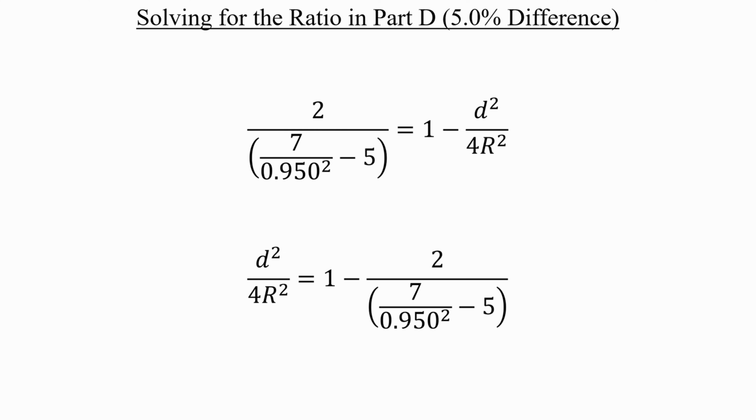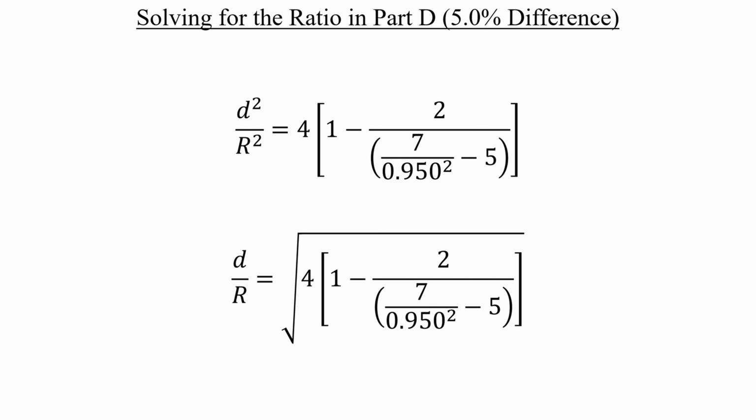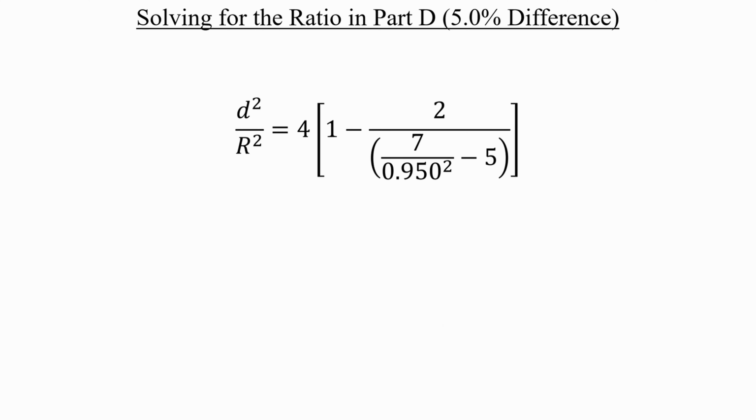We're getting really close to isolating d squared over r squared, but there's an extra 4 down in the basement. Let's multiply it on both sides to move it over. All that's left is to take the square root and then plug everything into a calculator. We find that a 5% difference between these two speeds arises from a ratio of approximately 1.05.